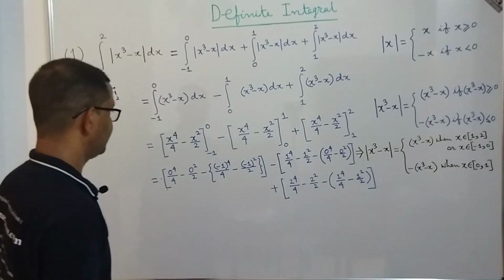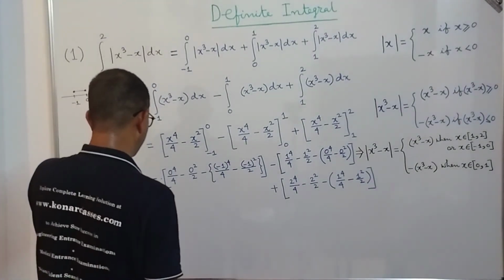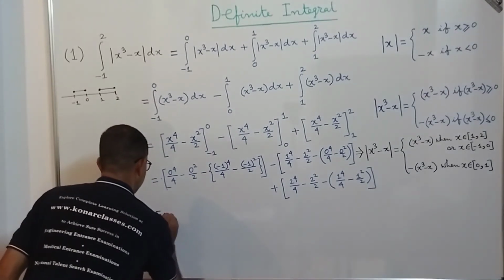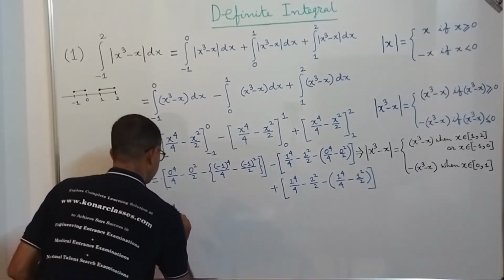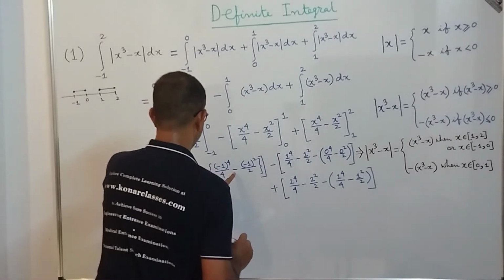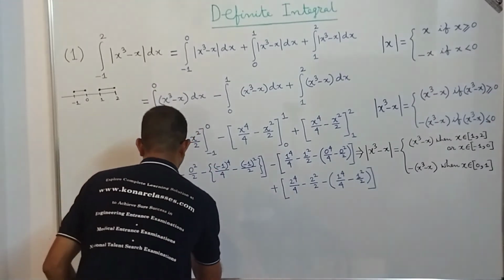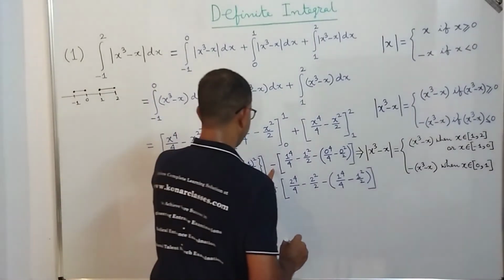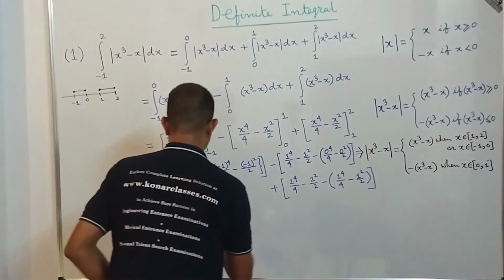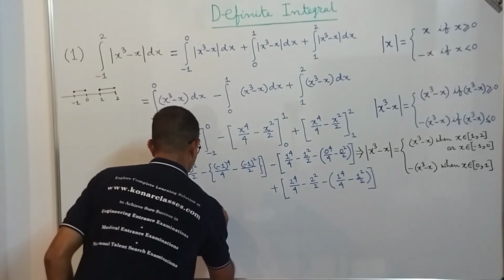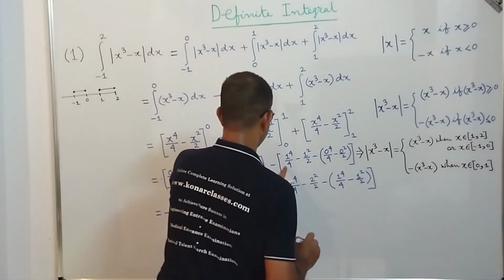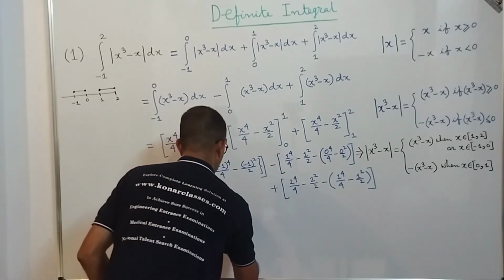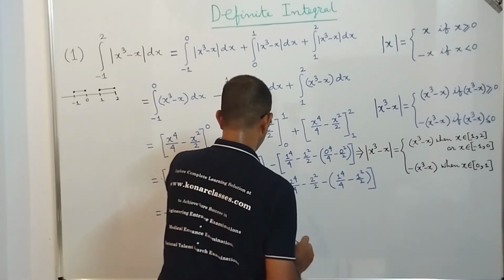Now if we compute this value, we get minus 1 by 4 here, minus 1 by 4 from here, and then minus and minus become plus, so plus 1 by 2, then minus 1 by 4. So again we get minus 1 by 4, then plus 1 by 2, plus 1 by 2, and all these zeros we need not bother about.